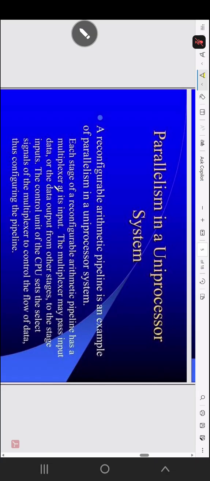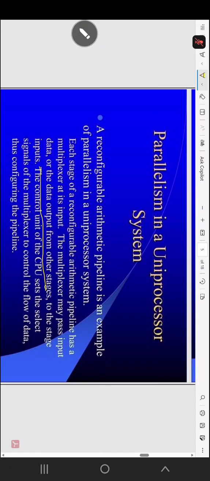Arithmetic pipelines have multiplexers at their input, and the multiplexer may pass input data or the data output from other stages to the stage input. The control unit of the CPU sets the select signals of the multiplexers to control the flow of the data, thus configuring the pipeline.